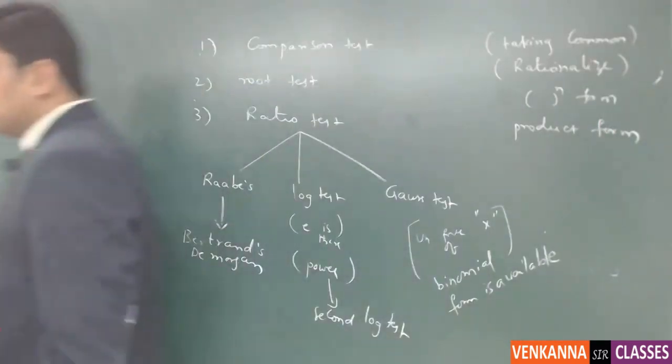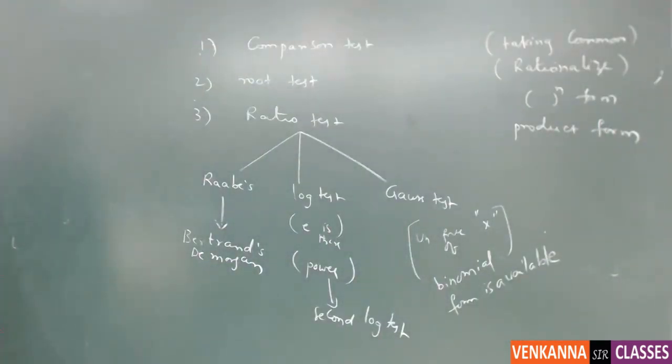So you can be expanding un or the fraction un by un plus 1 by means of the binomial expansion. It is very easy to apply. In such a case, we use the Gauss test. Another one is if the sigma un involves x, after applying a ratio test, straight away we can apply the Gauss test. Fine. So I will give the test condition of Gauss test also. That is very easy.